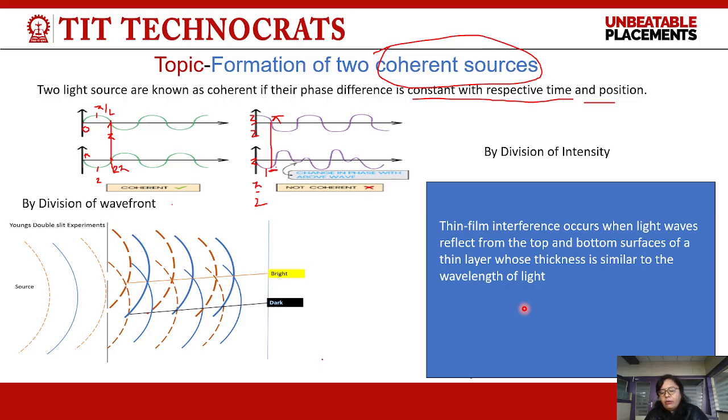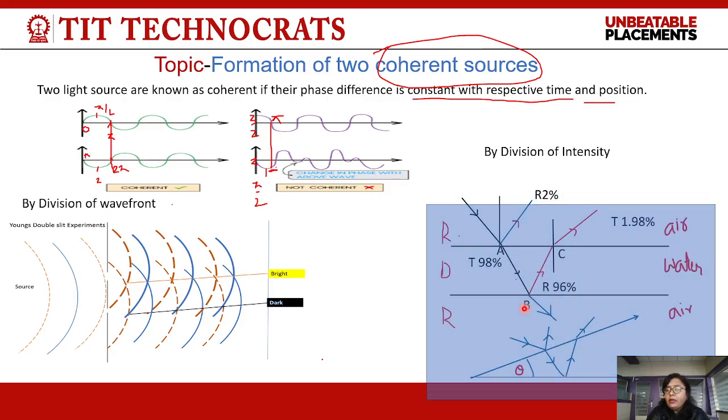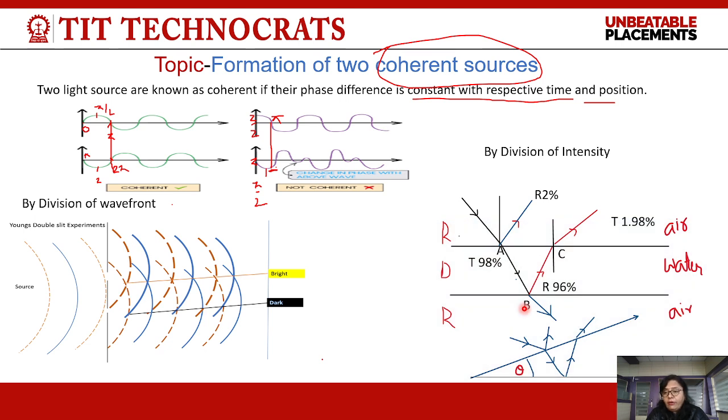Similarly, when we talk about oil on water, there is a surface on which we see water, and over that oil is spilled, and after that there is air. So between air and water, the oil thin film exists.